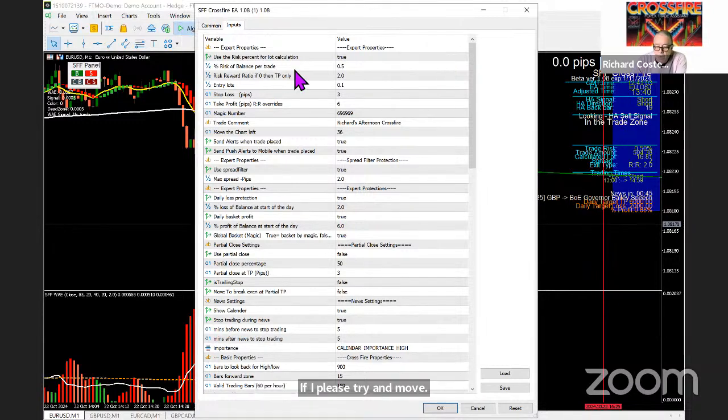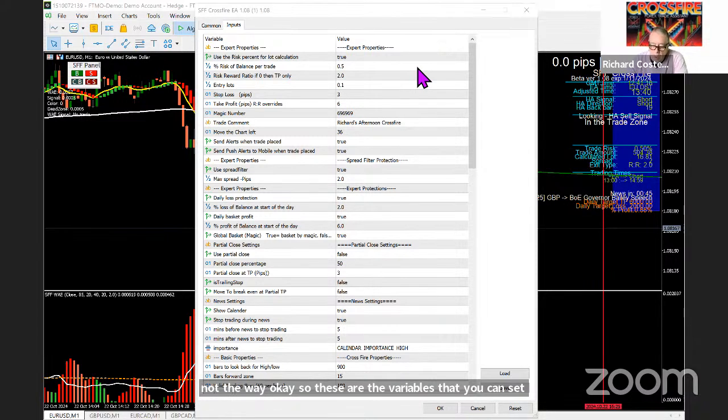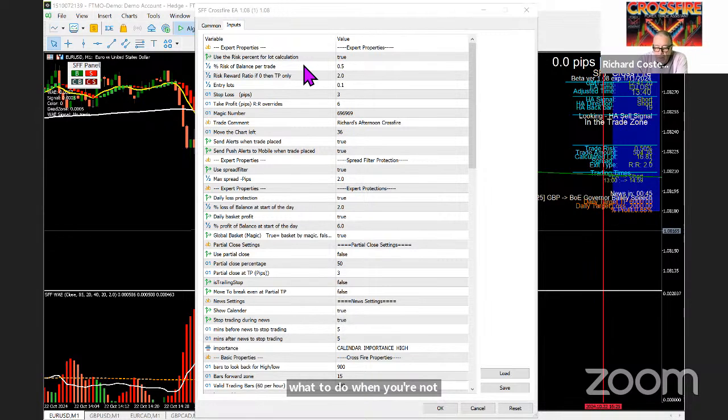Okay, so these are the variables that you can set to instruct your assistant what to do when you're not sitting at the chart. Basically, I'm telling the trading assistant to use the risk percentage for lot calculation.